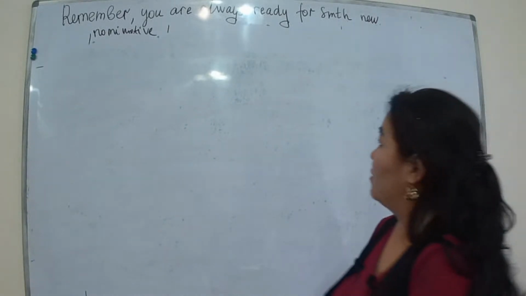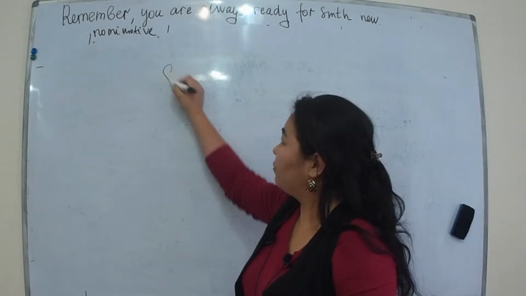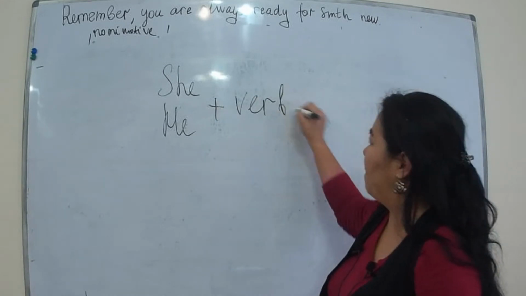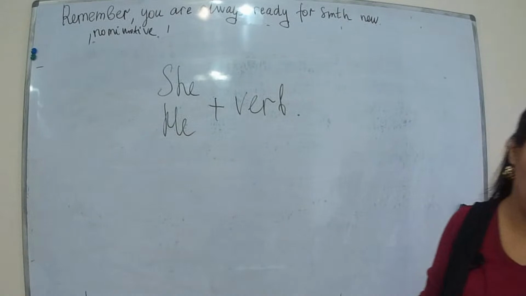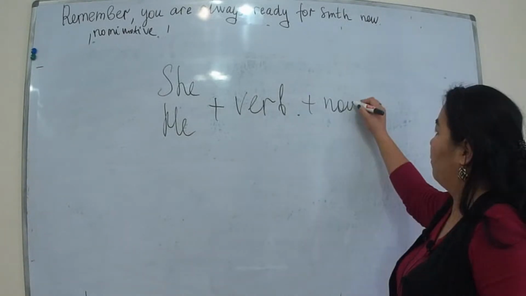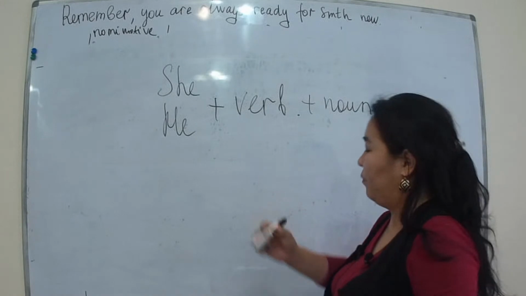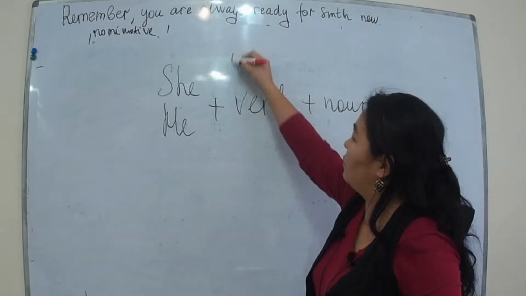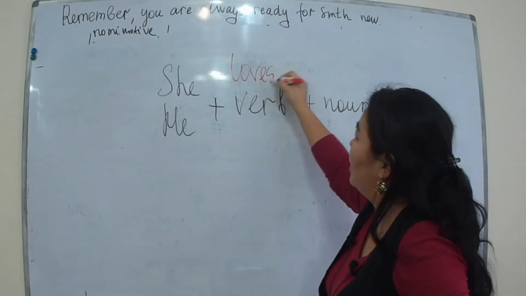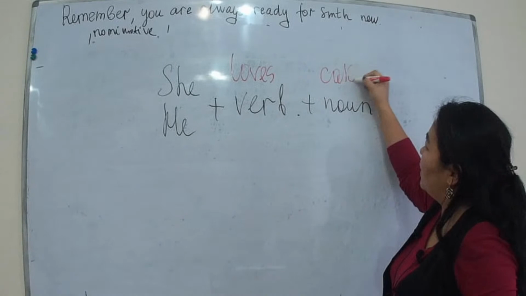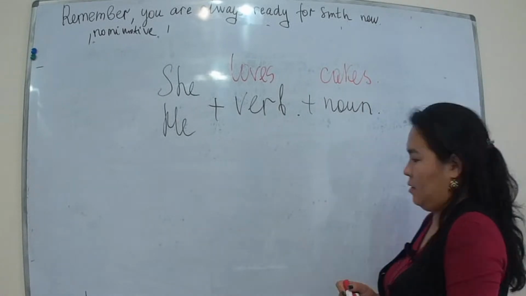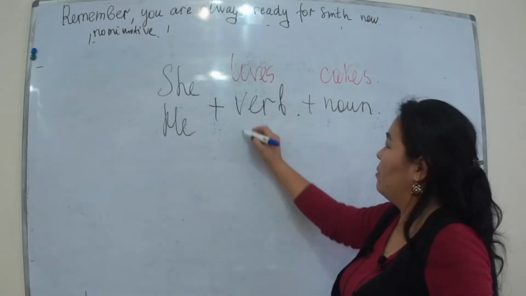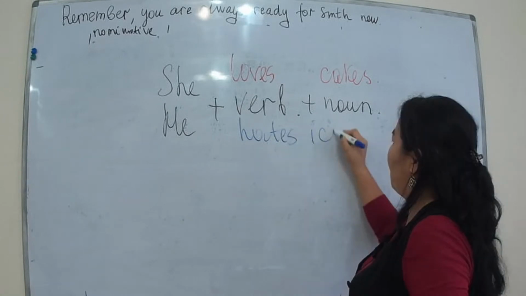Okay, so we have, for example, the pronouns he and she, and here we use the verb and noun. As the example, we can write he, she. For example, she loves cakes. Another example, he hates ice cream.